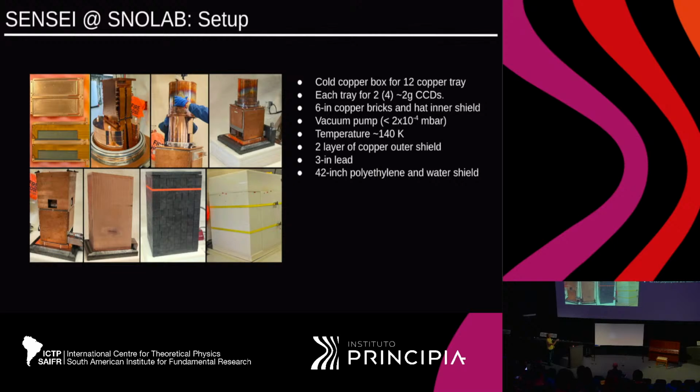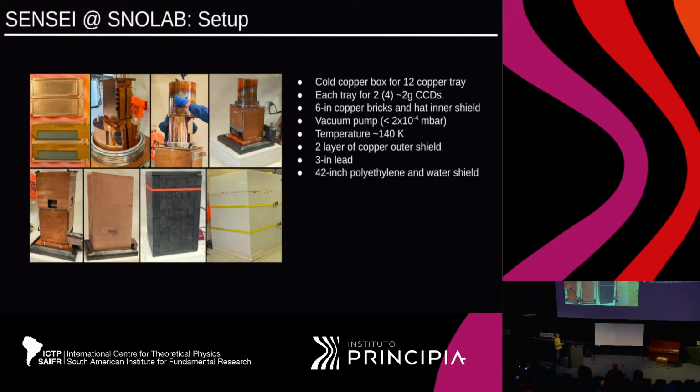After that, we put a copper shield, and we cover that with a bigger copper shield, and then with a bigger lead shield, and after that, some polyethylene boxes filled with water. This is to shield us from the neutrons in the environment. This is to shield us from the gammas in the environment. This is to shield us from any radioactive contamination in the lead, okay?